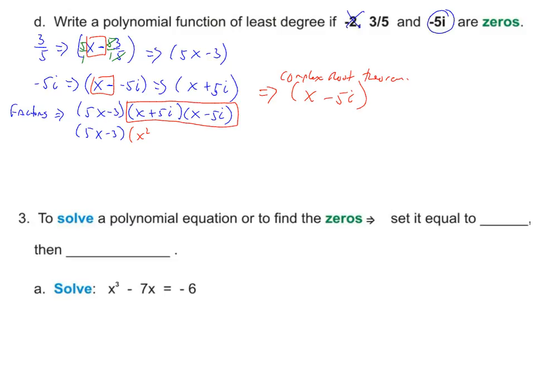Again, the middles, the outer and the inners, add up to 0. So to finish off, positive 5i times negative 5i, and I better show this, is a negative 25i squared. Do you agree with that? Okay. So now we're at 5x.